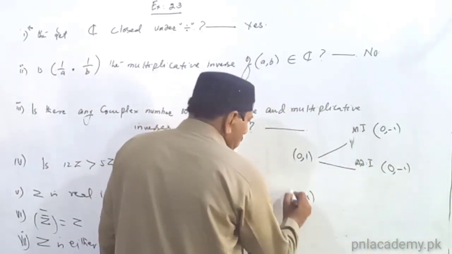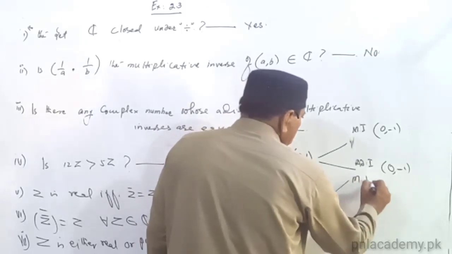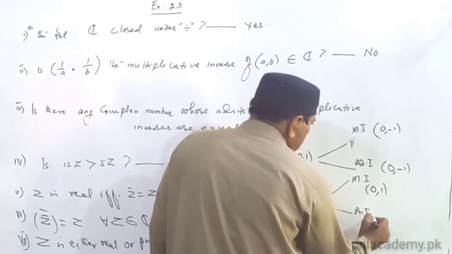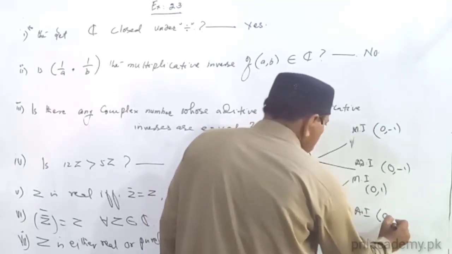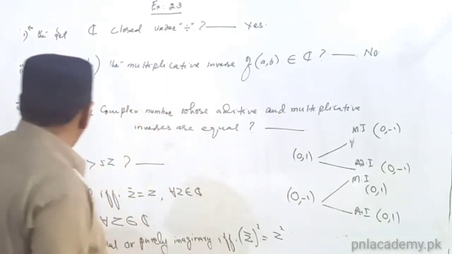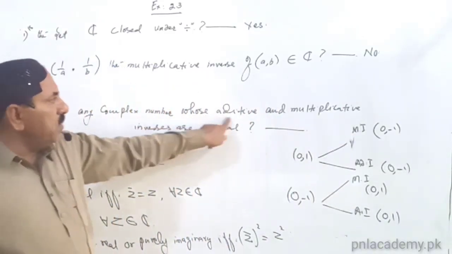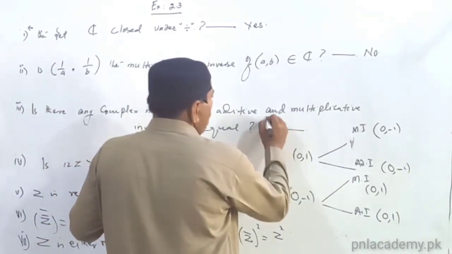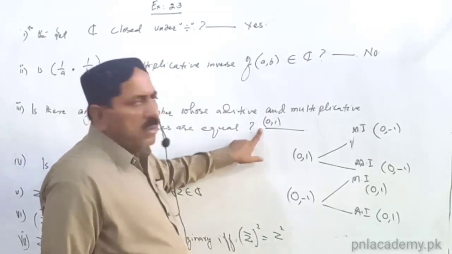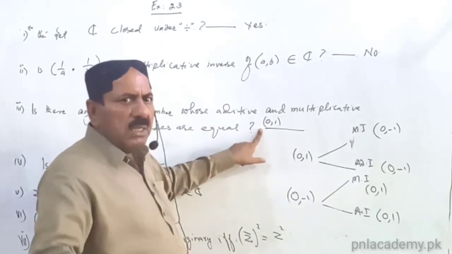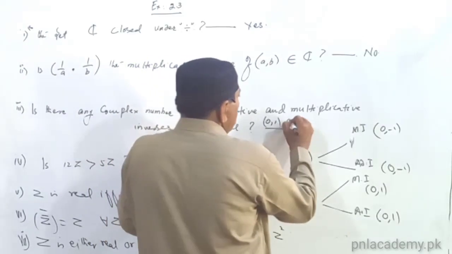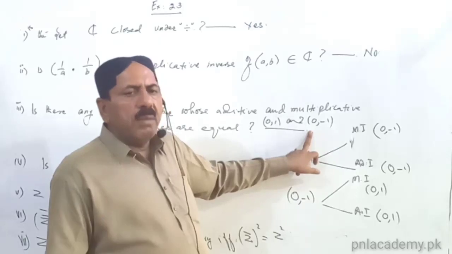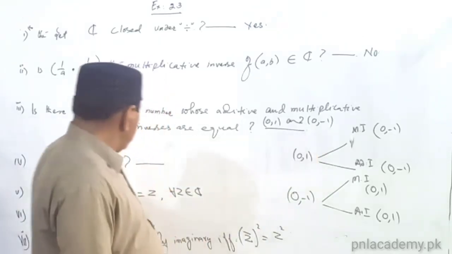And 0, minus 1: multiplicative inverse 0, 1 and additive inverse 0, 1 also. So yes, these are 0, 1 whose additive inverse is 0, minus 1 and multiplicative inverse also 0, minus 1, and 0, minus 1 whose additive inverse is 0, 1 and multiplicative inverse also 0, 1.